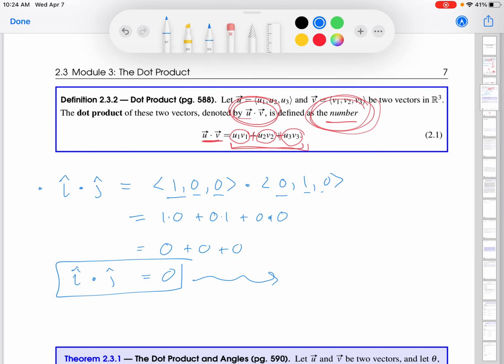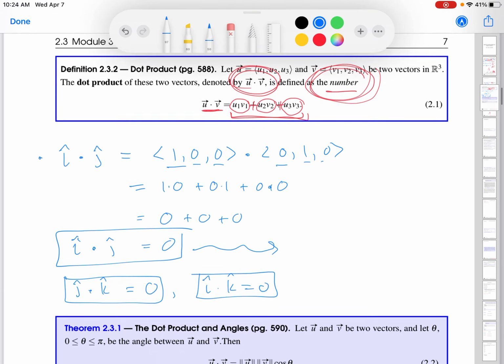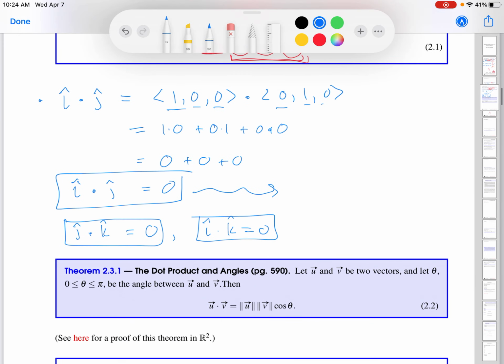So if we calculated the dot product of j hat with k hat, we would also get 0. If we calculated the dot product of i hat with k hat, we would also get 0. So perhaps getting 0 for the dot product has something to do with orthogonality, is what I'm trying to convince you of. And that is indeed what turns out to be the case.